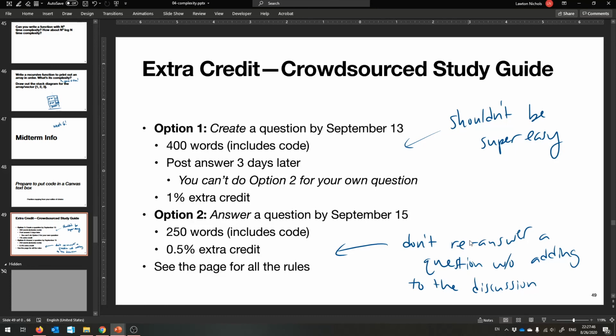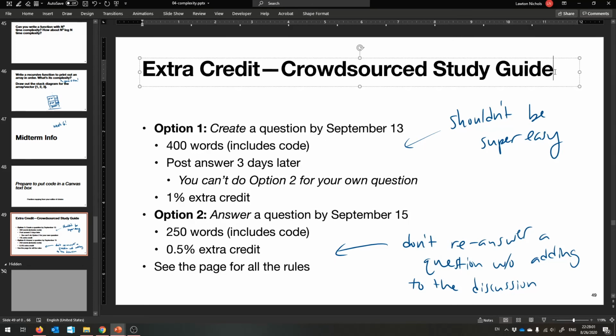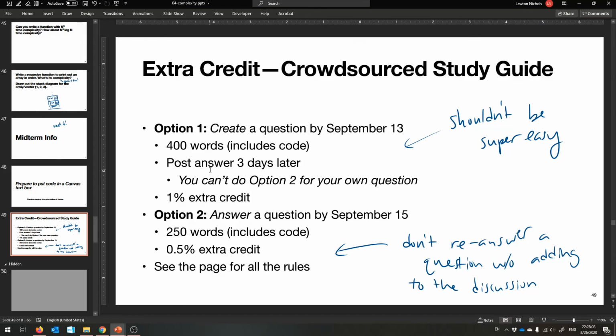Read the rules. Don't re-answer a question if it's already been answered and you're not going to add anything to the discussion. I don't want just a copied and pasted answer of something that's already on there. So you're essentially making a study guide for yourselves, and maybe if you make some good questions, I'll use them. I think that is everything I wanted to say there. So that will help you study.